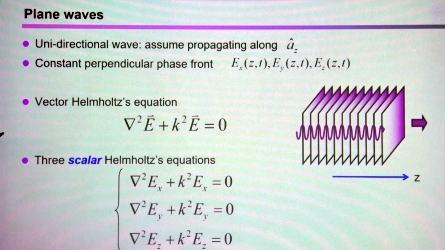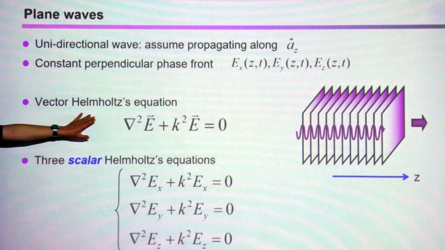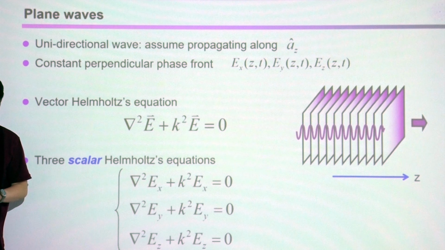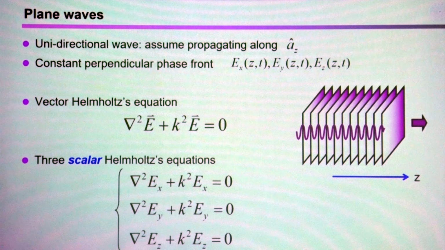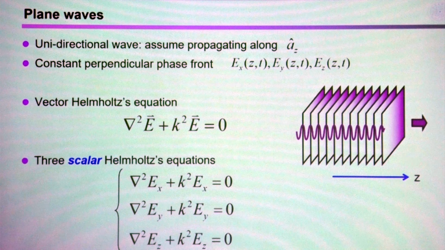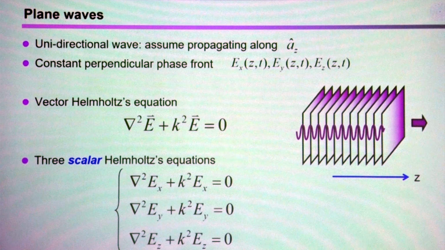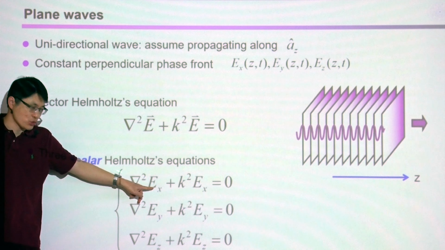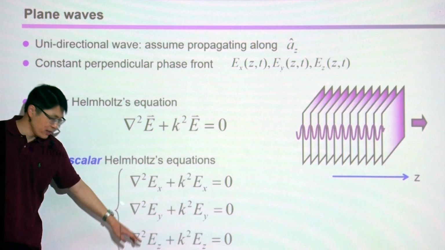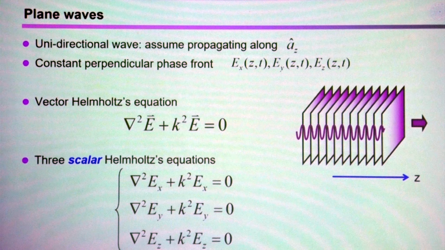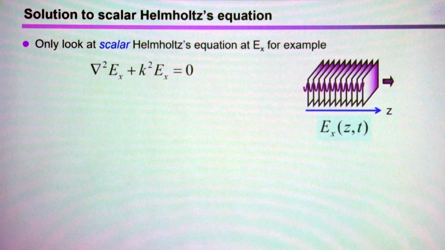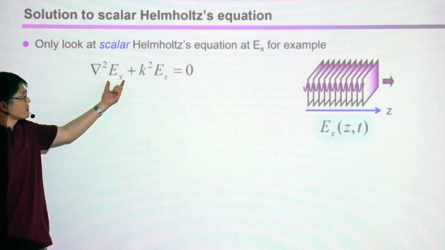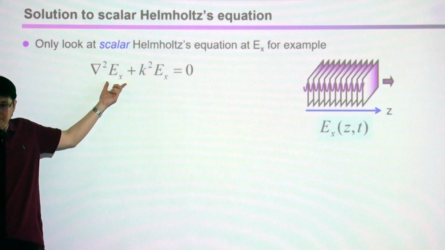So now you can separate the Helmholtz equation, the vector equation, into 3 sets of scalar equations, depending on how the E fields are oriented. This one, the E field is oscillating in the x direction. This one is in y, this one is in z. Okay? We only focus on this given plane. Okay? So here you have a plane wave.